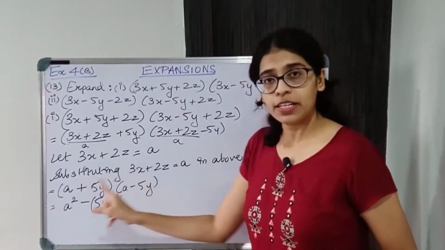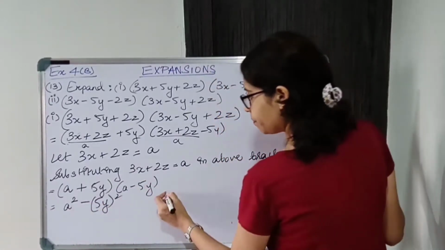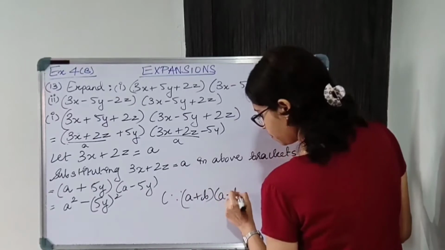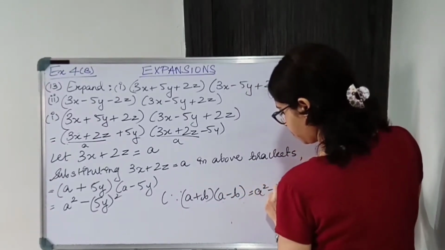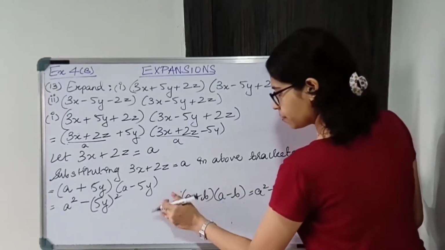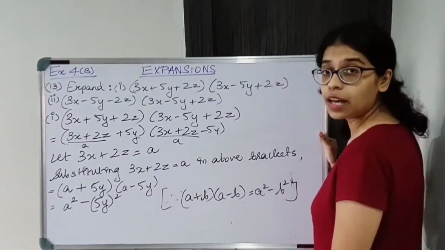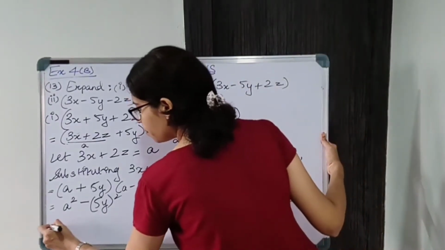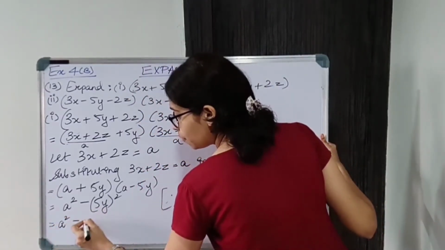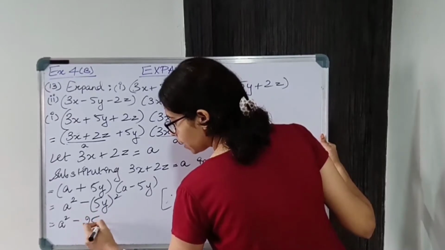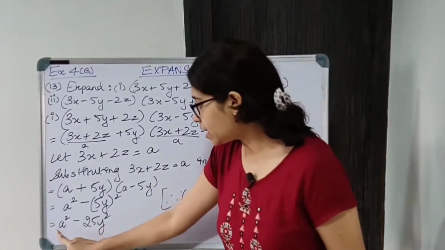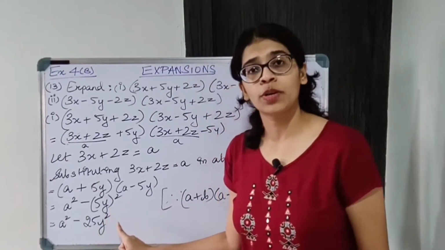A plus b into a minus b is a square minus b square. Okay, now a square will remain as it is. 5 square is 25 and y square is y square. Okay, so we got a square minus 25y square.